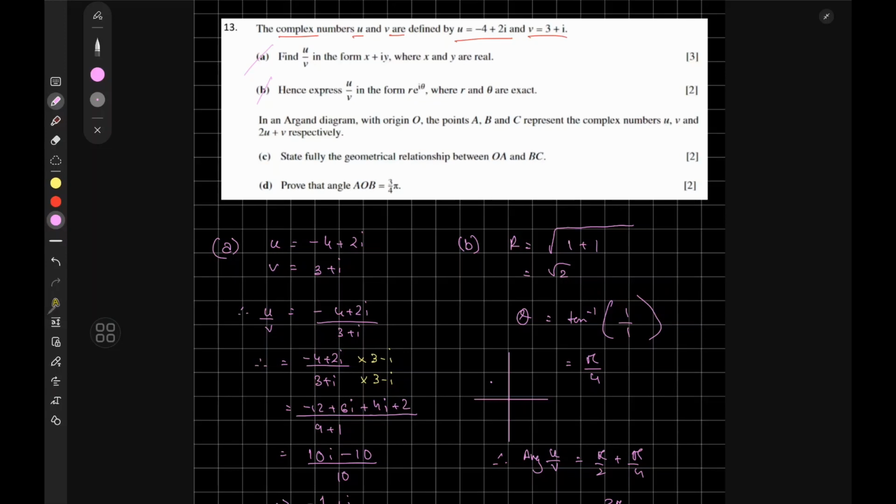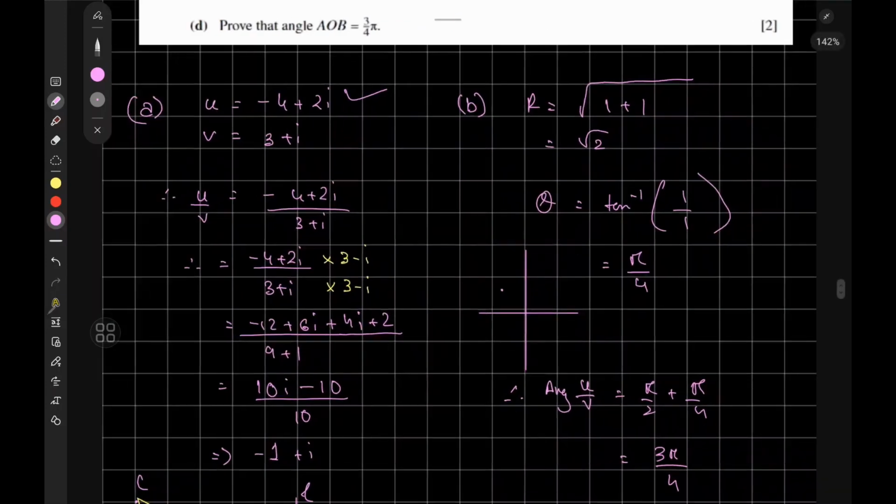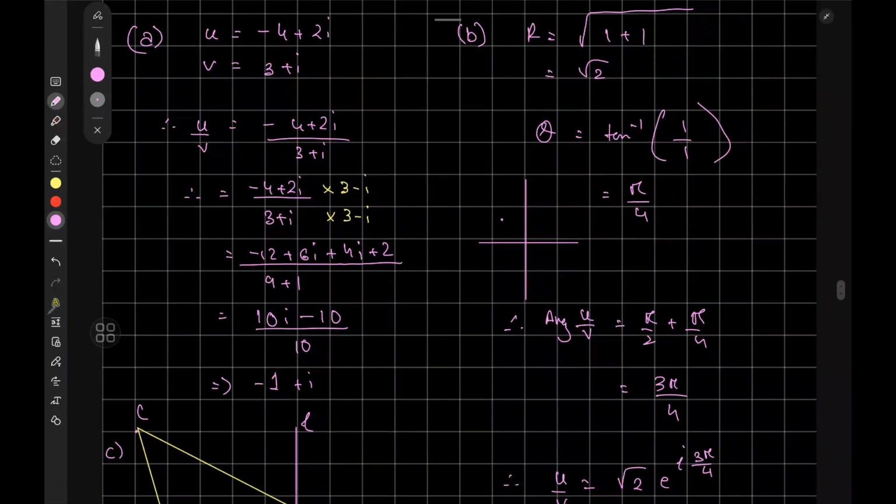So for this, first let's write down the expression for u and v. u is minus 4 plus 2i, v is 3 plus i. If you write it as a fraction, u by v, you get minus 4 plus 2i divided by 3 plus i, and again, to rationalize, to remove the complex number from the denominator, what are we doing?